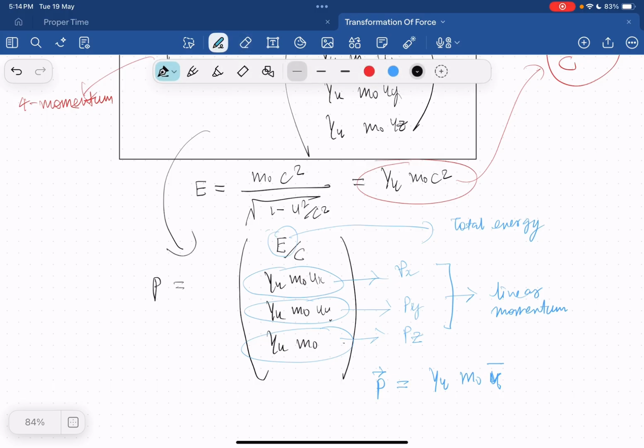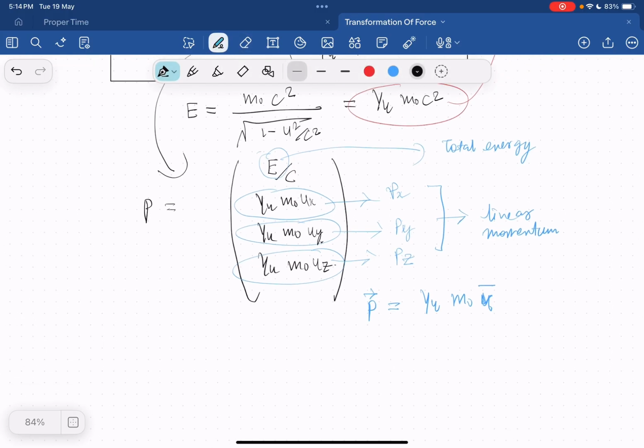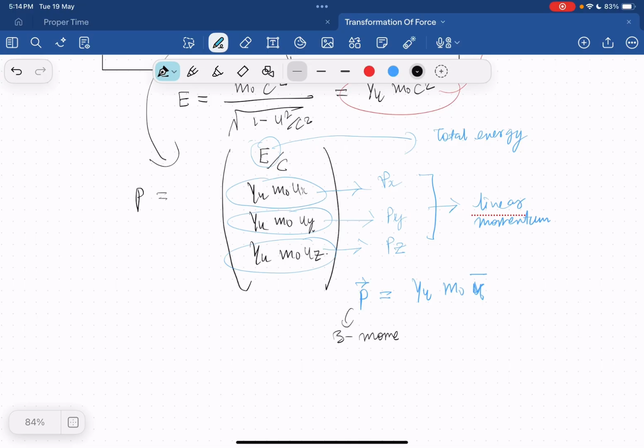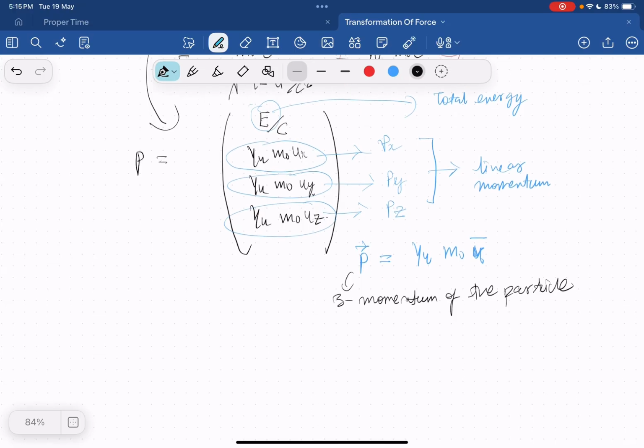Okay, so this is your so-called three momentum of the particle. So the first component gives the energy divided by c, and the remaining three components give the linear momentum of the particle. So this is your four momentum.